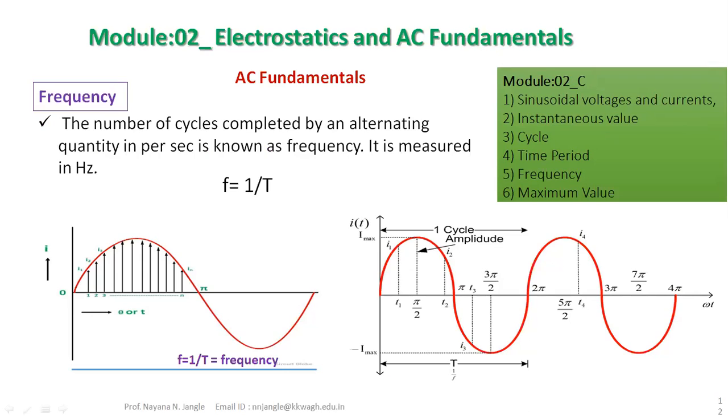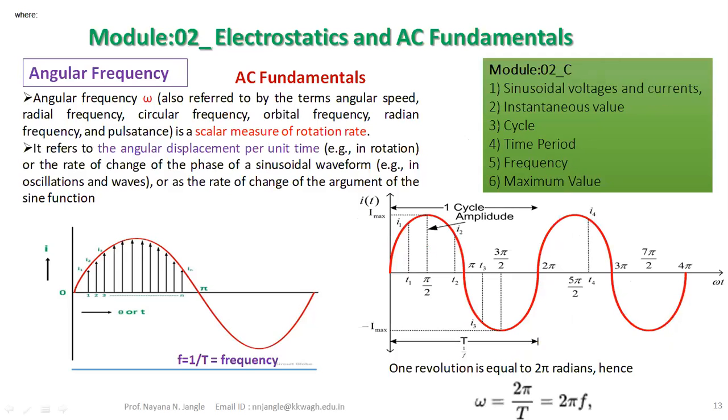The unit of frequency is hertz, as it is the number of cycles per second. It is given by f equals 1 upon T, where T is the time period, or the time required to complete one cycle.